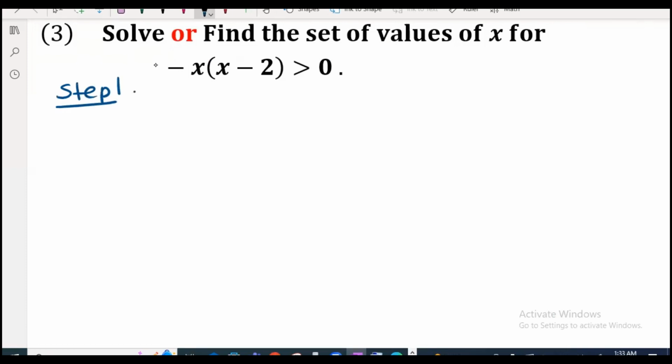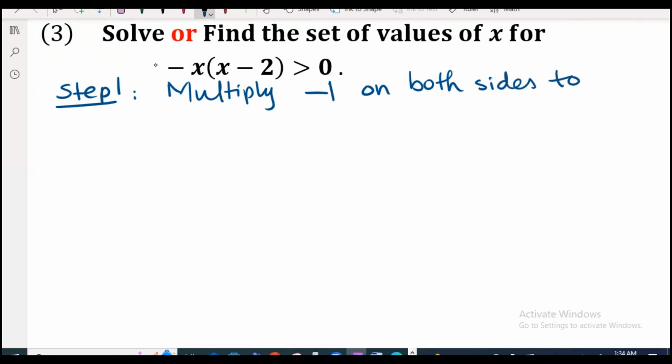Step number 1 is multiply by -1 on both sides to get positive coefficients.